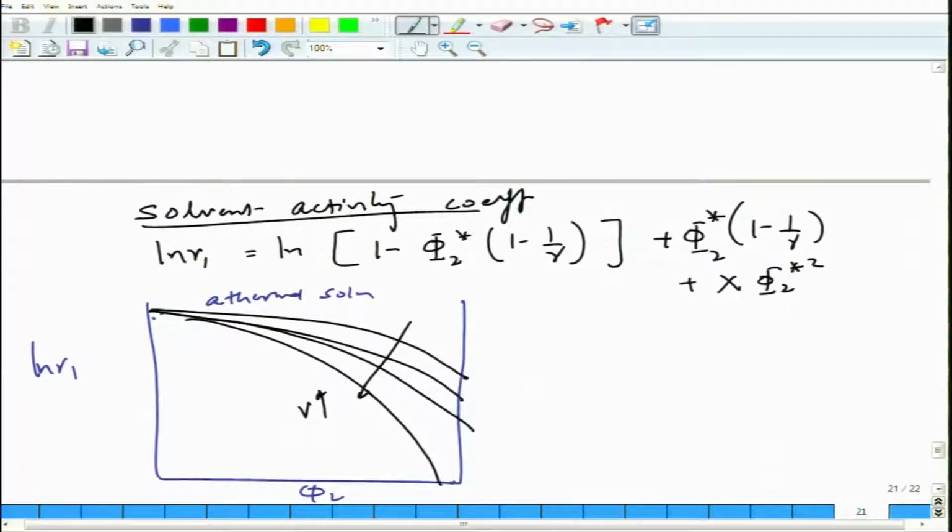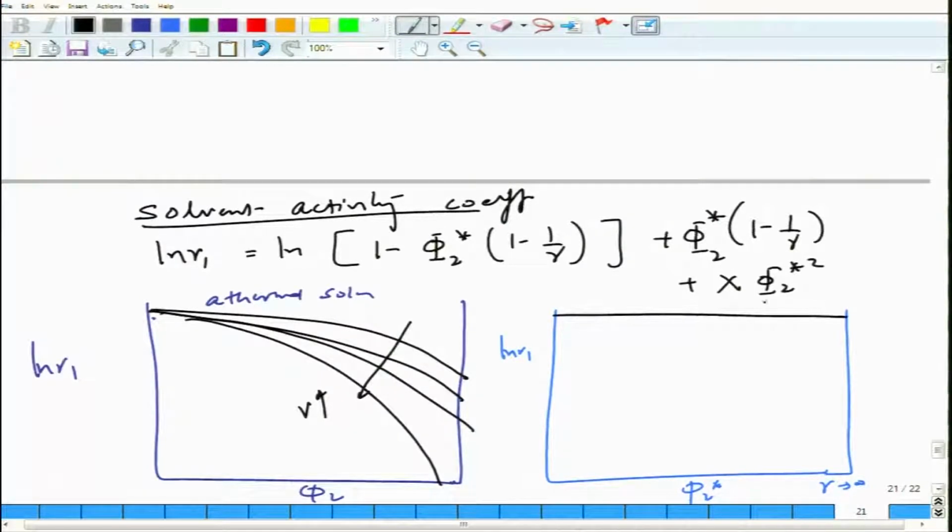Now, you can consider another case where you have again ln gamma 1 with phi 2, where r is infinity, in the sense that it is an infinitely long chain, and then we are going to consider different chi. So this was around 0, and we are going to get something like this.